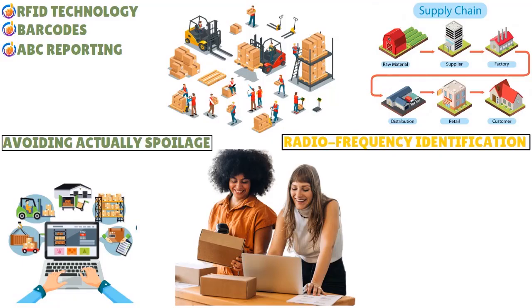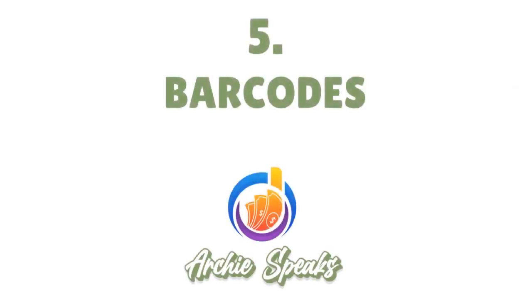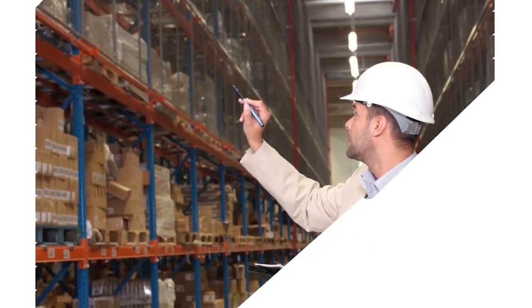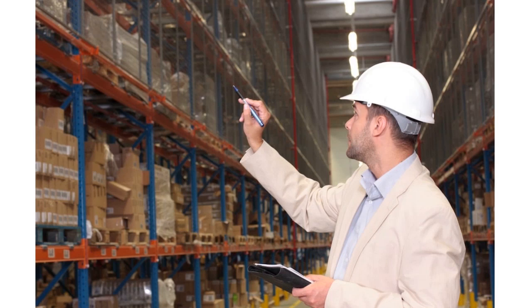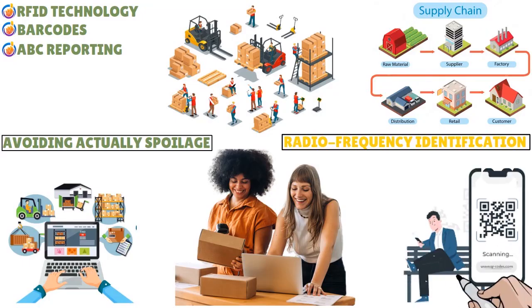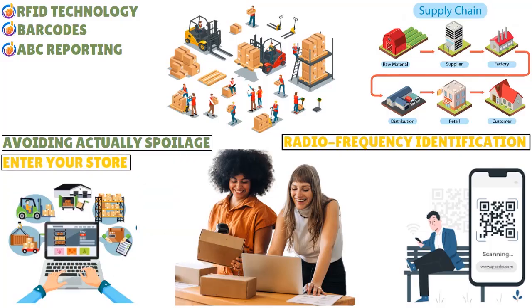You also have barcodes. Some retail stores use a barcode scanning system to keep track of product stock levels. This involves scanning some type of barcode that identifies every product, sending that information back to your IMS so you can track each item. So that's really good. Barcode inventory systems automate the tracking of products from the moment they enter your store to the moment they are sold.